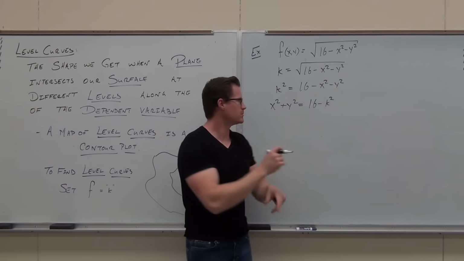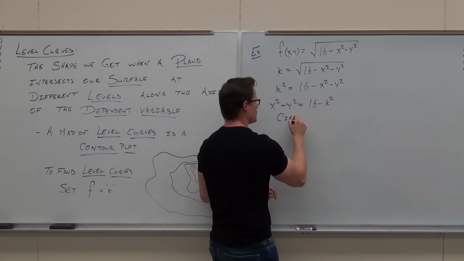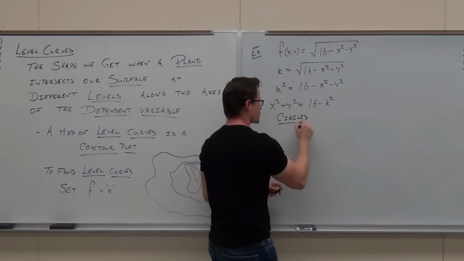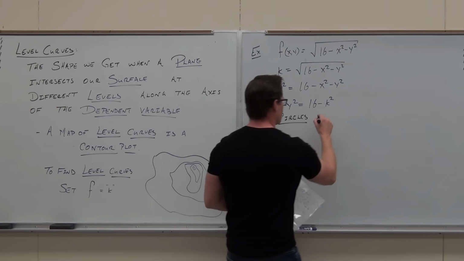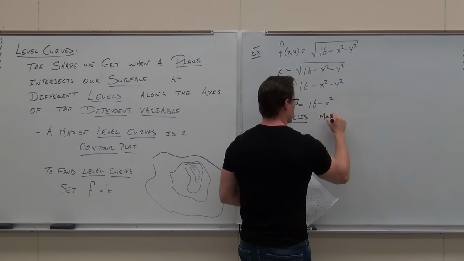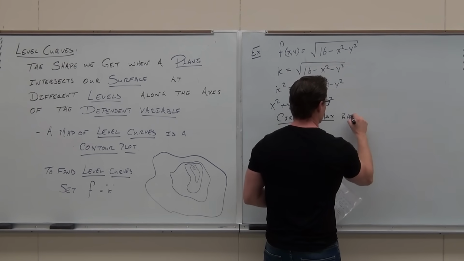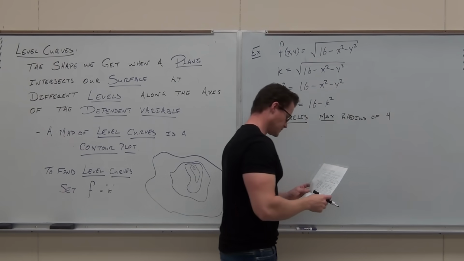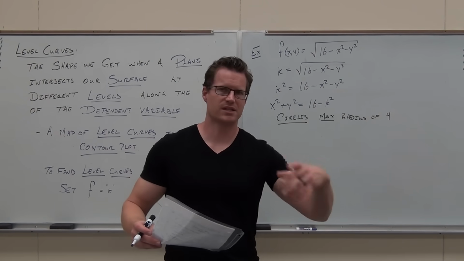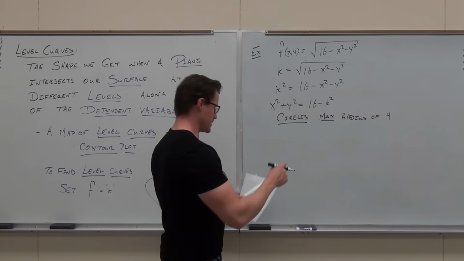That's what's happening. They're circles with a maximum radius of 4, getting progressively smaller as k gets larger.